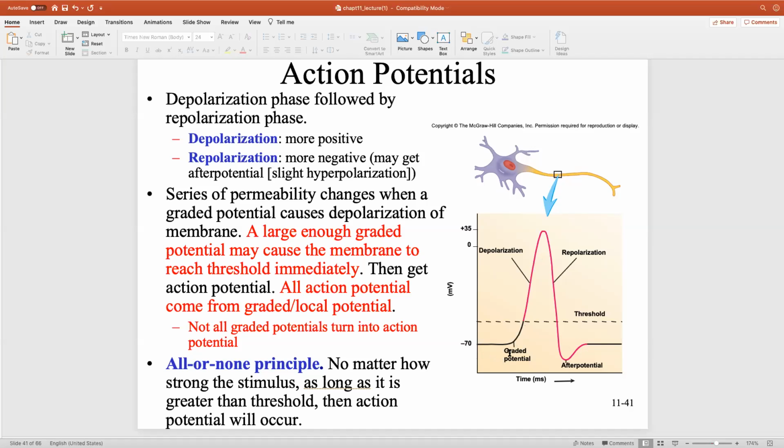Or if the stimulus isn't strong enough, the graded potential goes from minus 70 to minus 56, not minus 55, and it just goes all the way back down again. You don't have a twitch, you don't have any sensation, nothing happens because you didn't hit threshold. So that first initial movement from minus 70 towards threshold is what we call a graded potential.